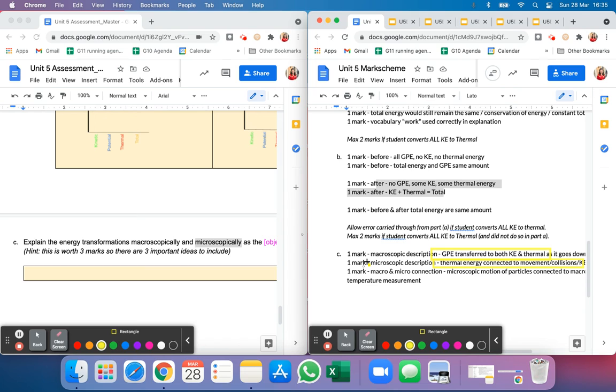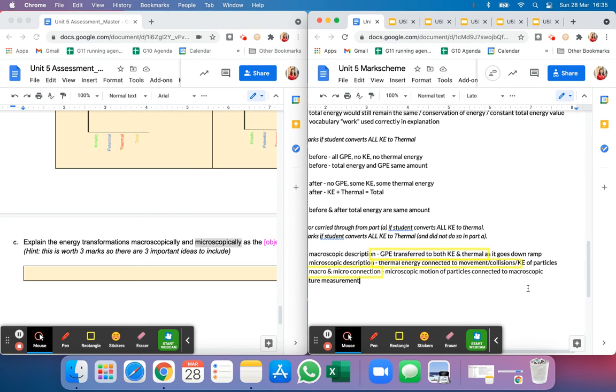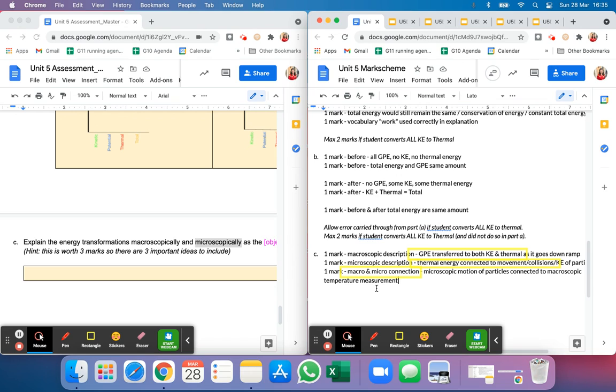And then this final mark is one of those points that really distinguishes a 7 from other grades. We did have it briefly on a slide, but maybe didn't emphasize this point: that the microscopic motion of particles is connected to macroscopic temperature measurement. And it's connected because it's microscopic motion, or microscopic kinetic energy.